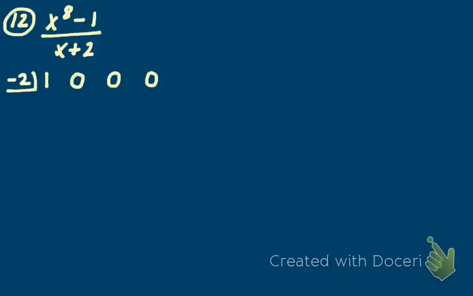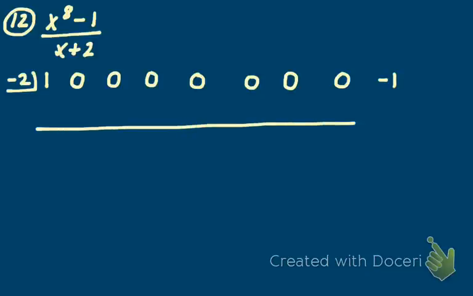For some reason my 4th degree 0 does not want to be there. So we have 8, 7, 6, 5, 4th degree. Now we need a 3rd degree, a square, a linear, and we have a constant, so we put -1 at the end. Alright, and then we need our bar to go all the way across.